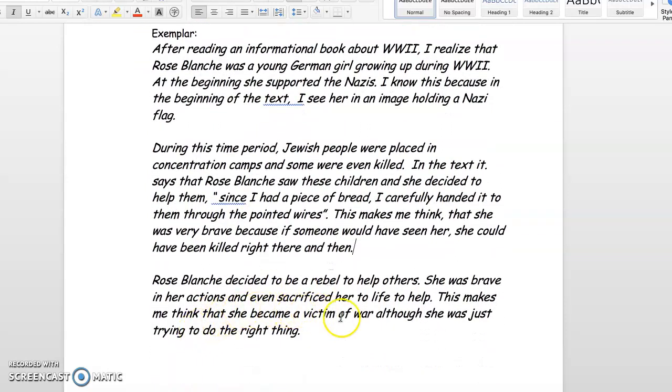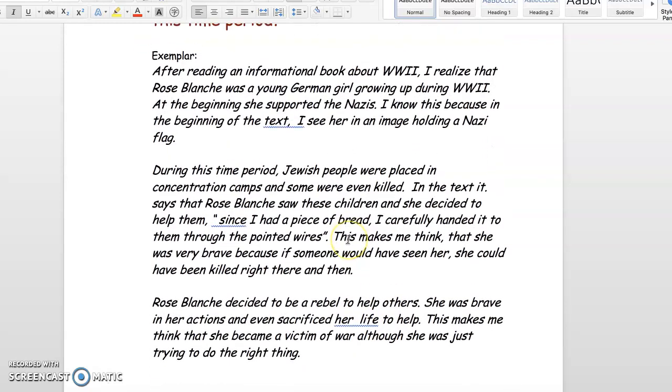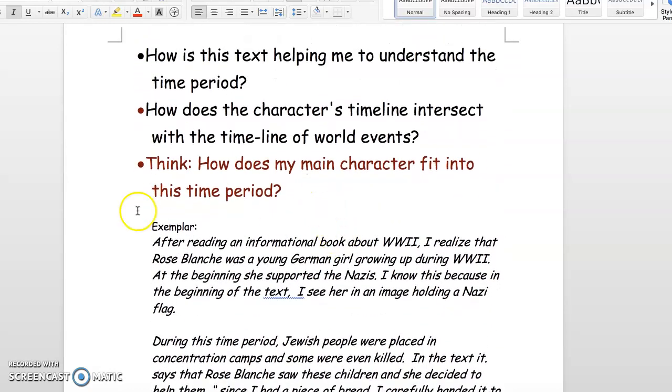Rose Blanche decided to be a rebel to help others. She was brave in her actions and even sacrificed her life to help. This makes me think that she became a victim of war, although she was just trying to do the right thing. So now you guys have an exemplar and you see how I wrote long for this stop and jot? We expect you to be doing the same thing. Good luck, guys!